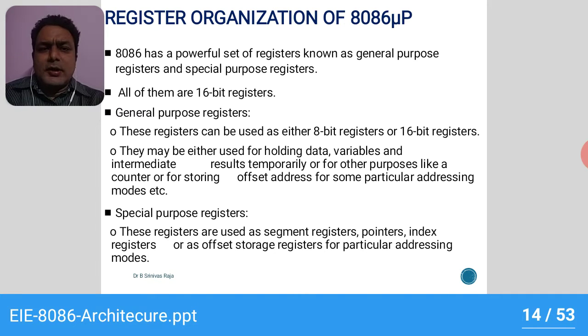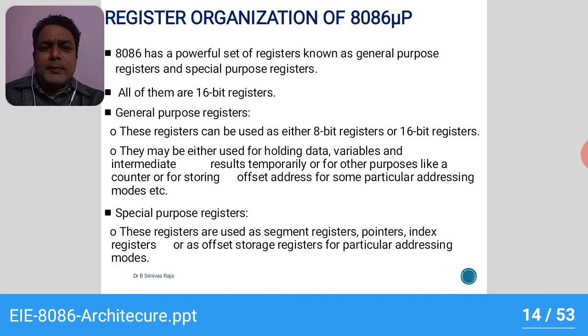These registers are used for holding data, variables and intermediate results temporarily, or for other purposes like counters or for storing the address in case of the addressing modes. That means the general purpose registers can be used as 8-bit registers or 16-bit registers.